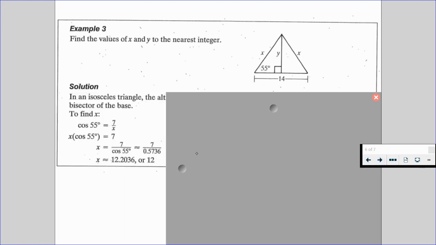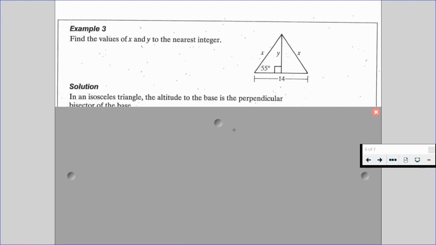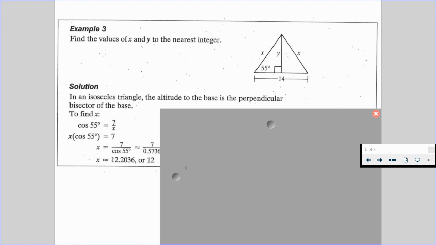So, again, it's an isosceles triangle, and the altitude is drawn from the base to the perpendicular bisector of that base. So to find x, we're going to take cosine of 55 is equal to 7 over x. We'd multiply both sides by x, and then we could divide by cosine of 55. Cosine of 55 is approximately 0.5736, so we end up with x is approximately 12.2036, or it's just about 12.